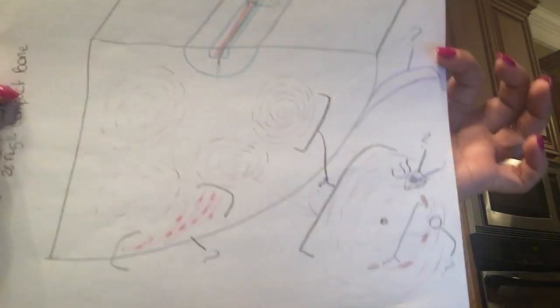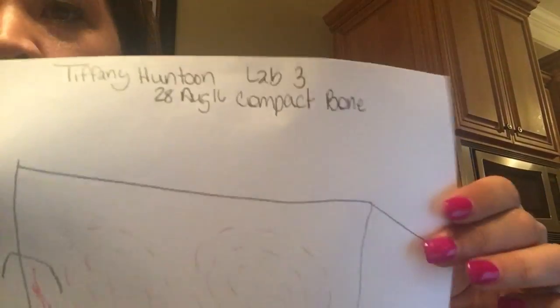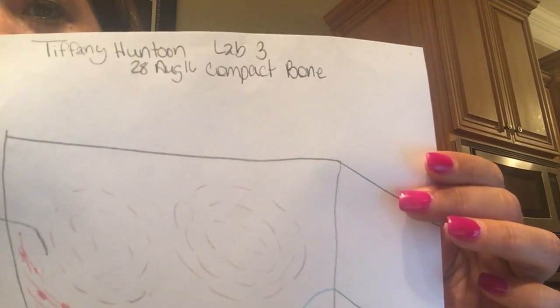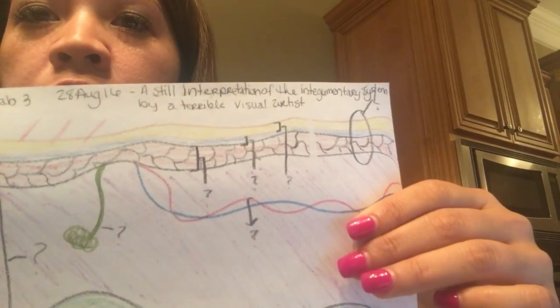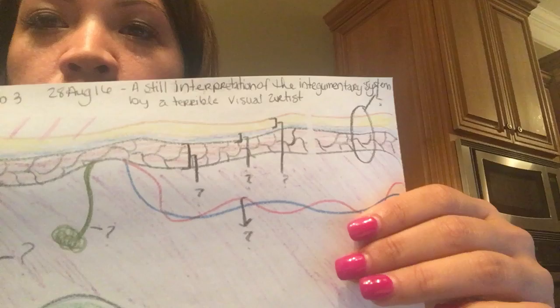Let's see if you can see that. I did do my name, date, it's all backwards, mirror image. And here this is also labeled name, date, lab 3, a still interpretation of the integumentary system by a terrible visual artist, which would be me.